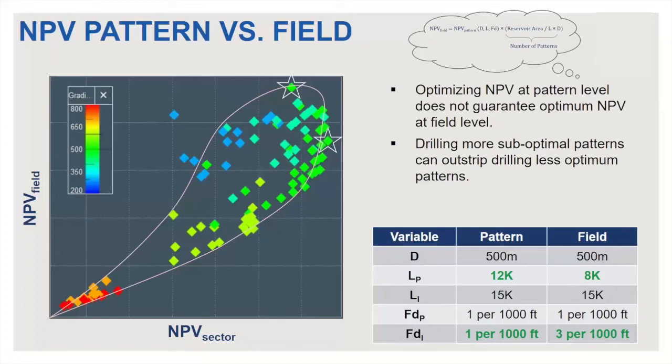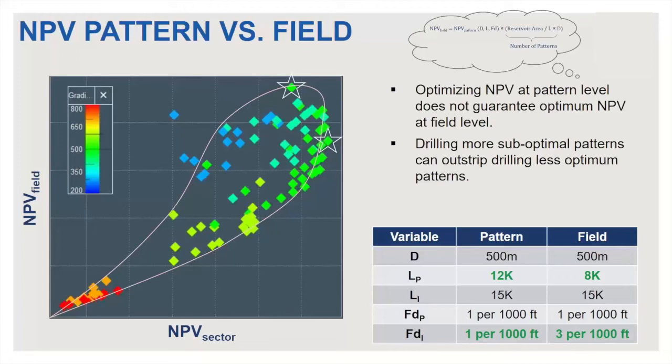And we see that difference when we do a cross plot of NPV sector versus NPV field. The case of optimizing NPV at sector level is the one on the extreme right, and the one optimizing NPV at field level is the star at the top. And you see here that there is a clear difference in outcome, especially in terms of length of the producer and fracture density.